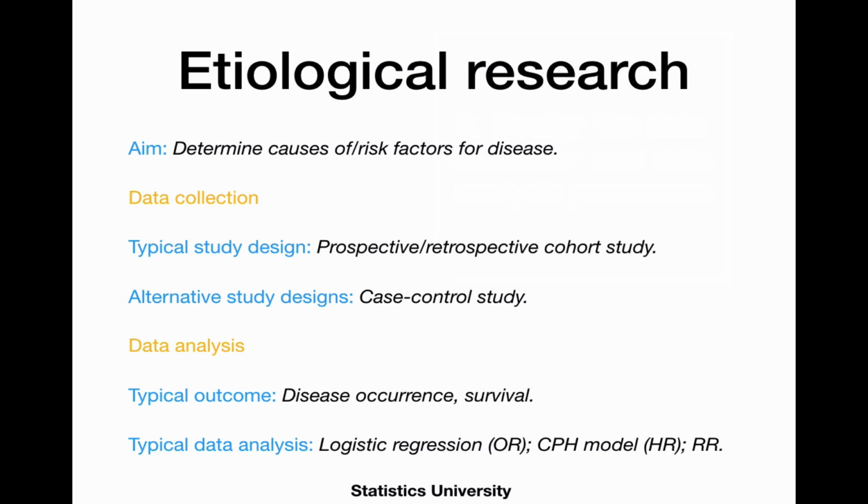And the typical outcome assessed is disease occurrence or survival. And typical data analyses are logistic regression modeling, resulting in odds ratios, or Cox proportional hazards modeling, resulting in hazard ratios, and sometimes a risk ratio is determined.